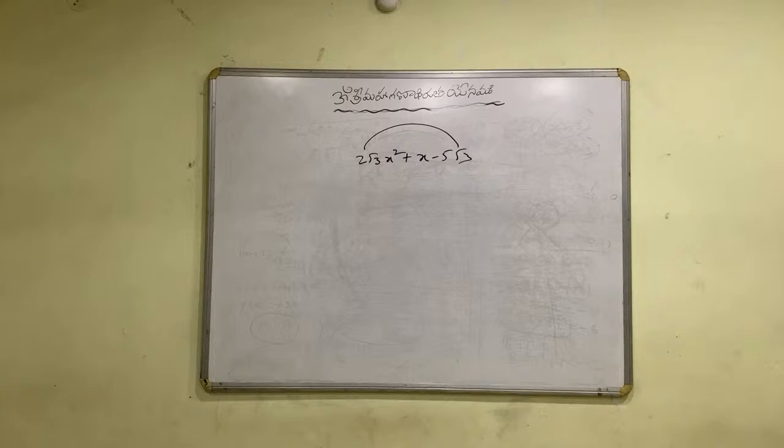Negative 30 is right. See, the coefficient of x square is 2 root 3 and the constant is minus 5 root 3. So we'll get negative 30.